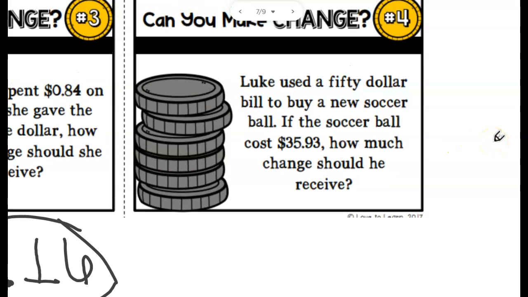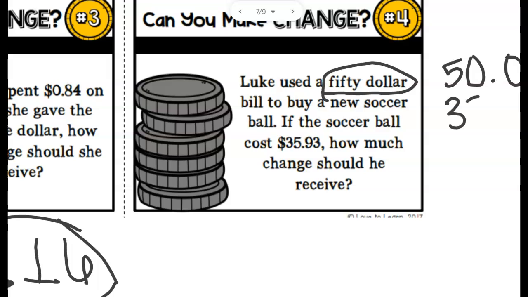Number 4. We'll do this one with subtraction. Luke used a $50 bill to buy a new soccer ball. If the soccer ball cost $35.93, how much change should he receive? So we're going to start with $50, and he spent $35.93.